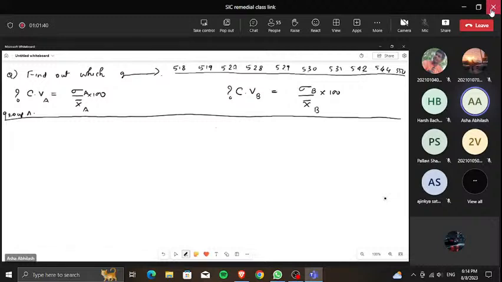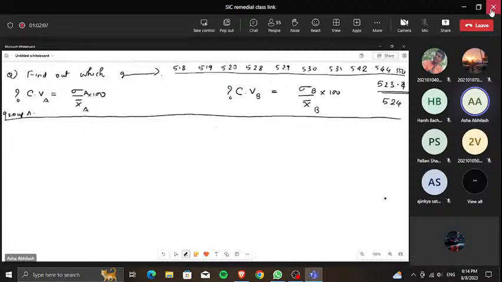If you get a decimal value after the summation, suppose 523 point 3 or 4, when you are calculating the actual mean, then you can consider 524 as the assumed mean, or just a nearer value.